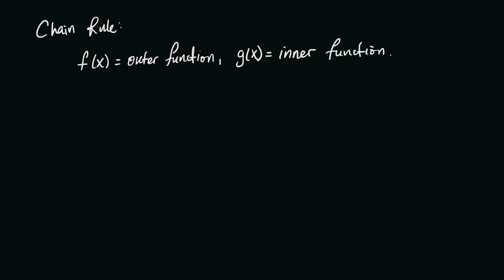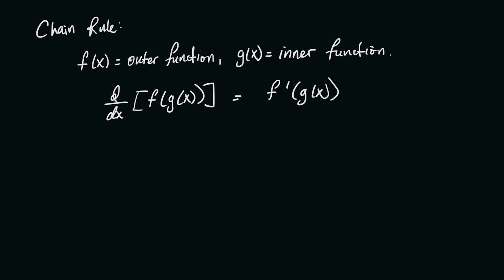So now, the derivative of f of g of x, that's what it's gonna look like. It's just equal to f prime of g of x, the g of x stays the same, times the derivative of g of x, right? So that's what the whole entire point is.